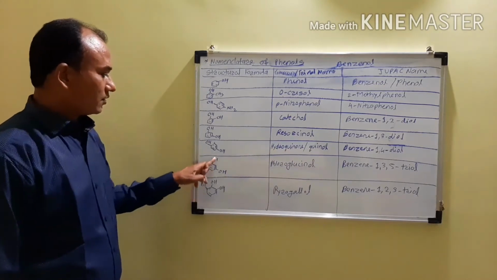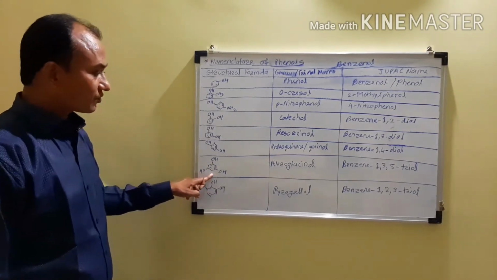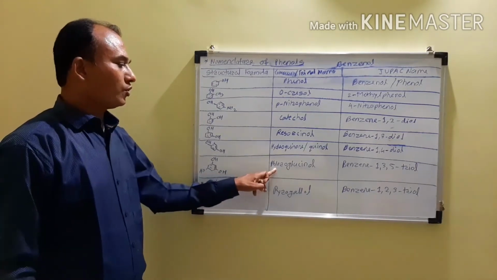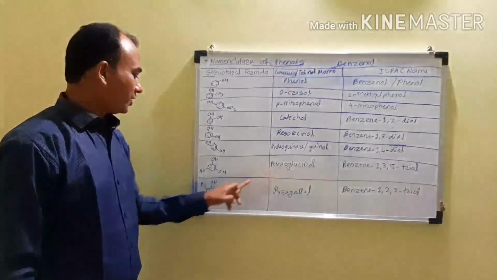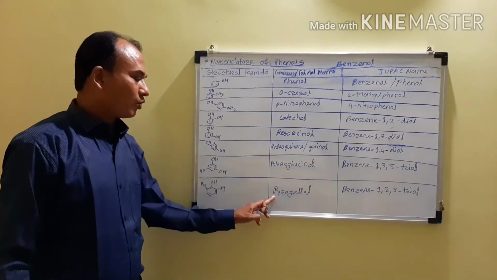Now there are 3 hydroxyl groups, so it is a triol, and what is the common name? It is phloroglucinol. This is also a triol, but the name is pyrogallol.